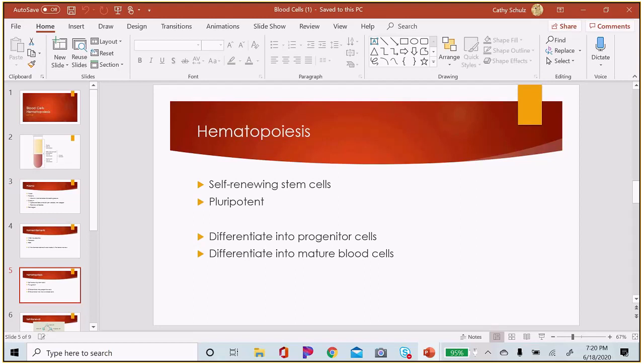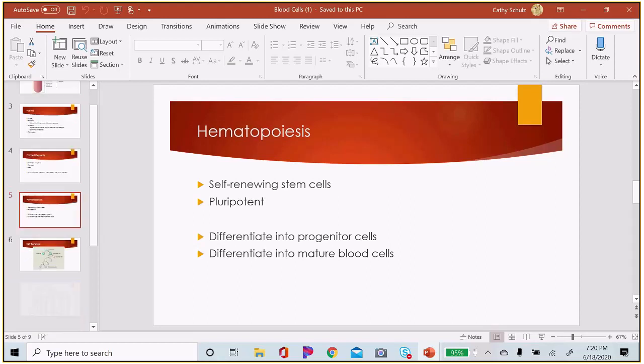So it starts out as a pluripotent stem cell that has the potential to be all kinds of things, and in response to growth factors based on the needs of the body, there will be differentiation into progenitor or particular cell lines, and then further differentiation, specialization into mature cells that make up the blood.